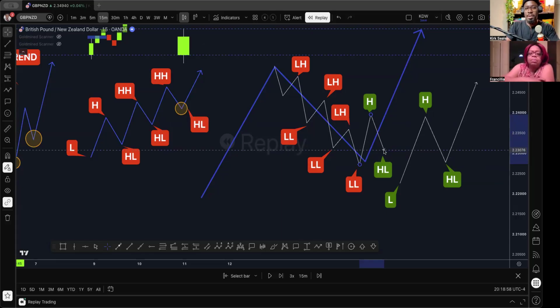If the next thing that we get is a higher low, then you could be more confident that we are more likely, this is more like 70%, 80%, we should be going up. If after this higher low we then get a higher high, then yes, absolutely, we are now going up. We just changed direction.